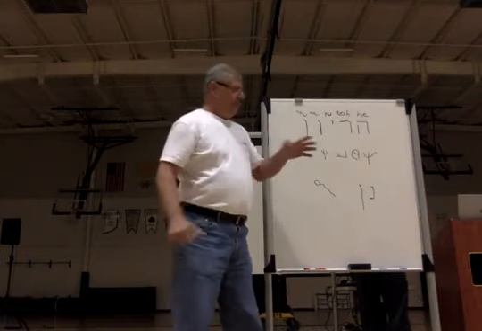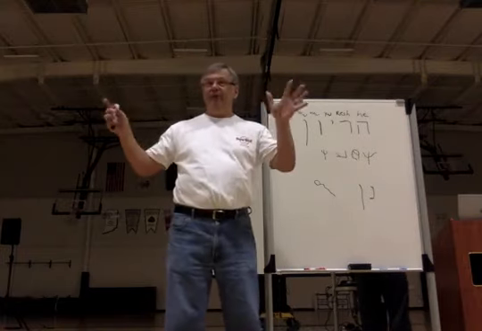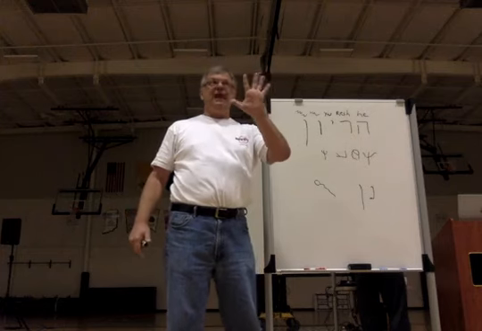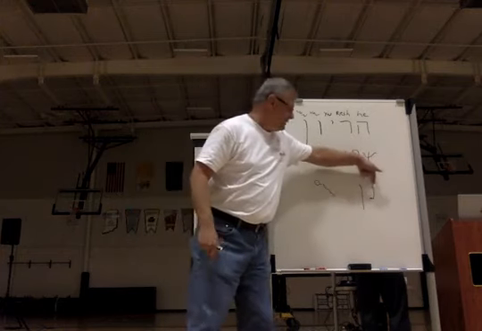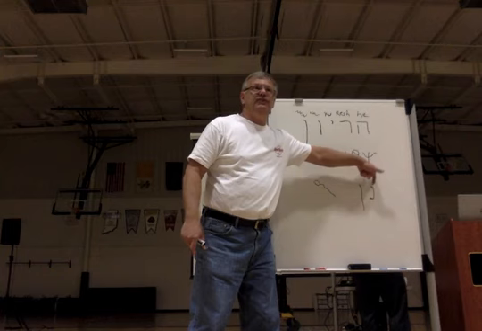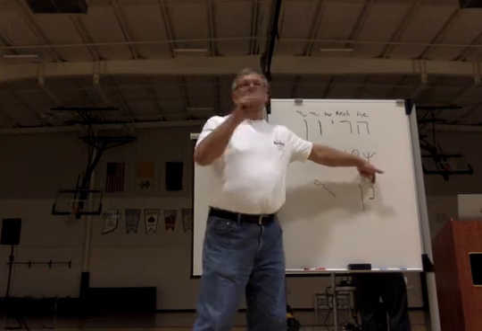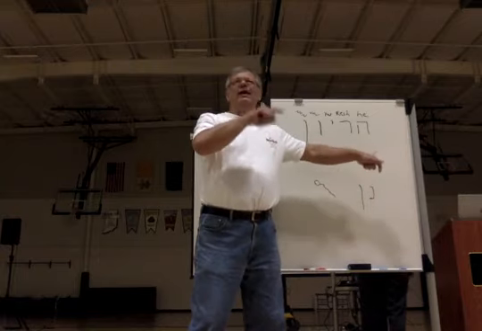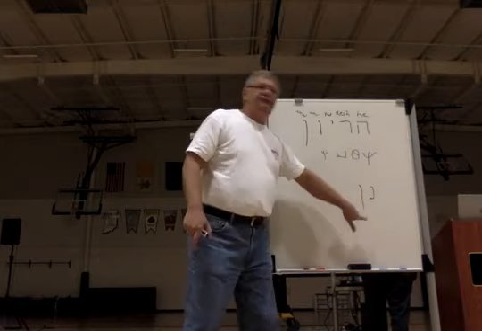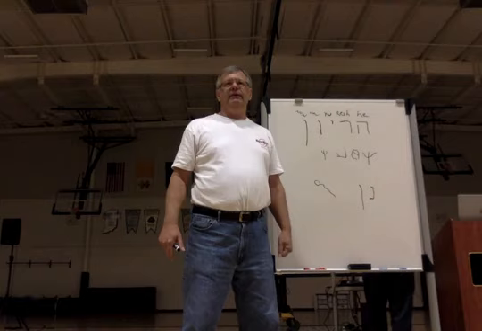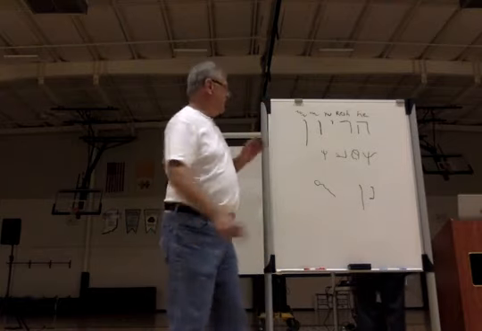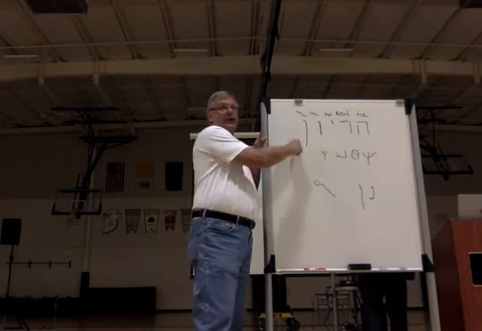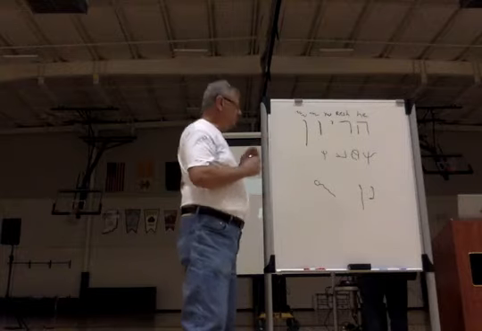Why? I don't know why. But in Hebrew, 5 letters have 2 shapes. If it's the first letter of the word, you use this noon. If it's in the middle of the word, you use this noon. If it's the final letter of the word, it takes on a different shape. Okay? And noon is one of those, and that's why this is a final noon here. Got it? Okay.